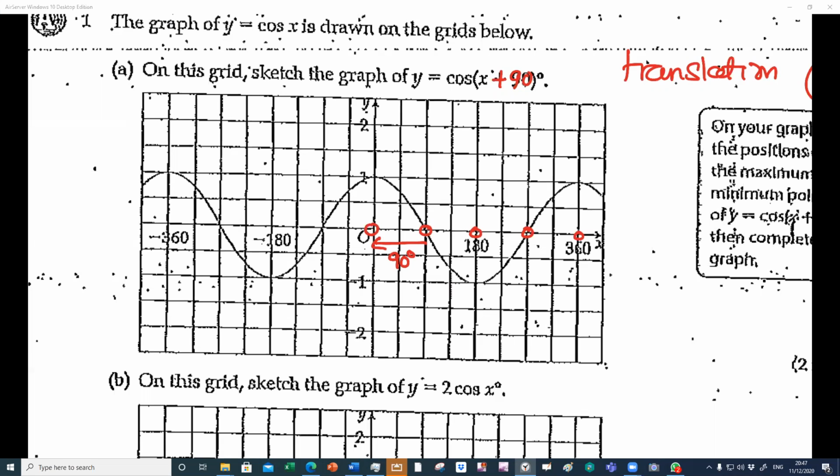Everything has to move back by 2 squares. So this point here has to go there. This point here has to go there. This point here has to go there, back by 2. Let me get rid of all the extra stuff now. So this is our plan. That goes there. That goes here.